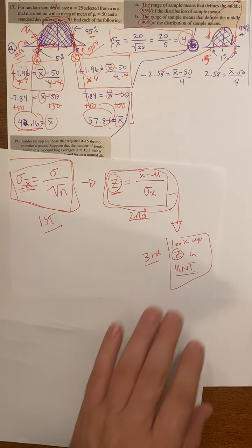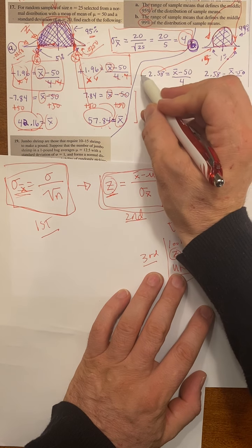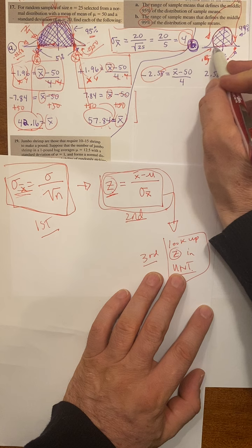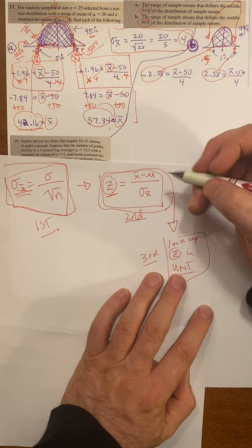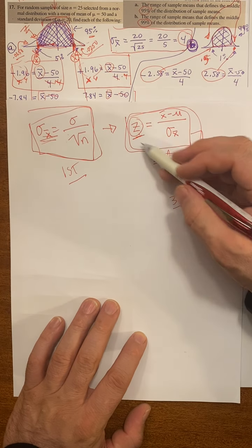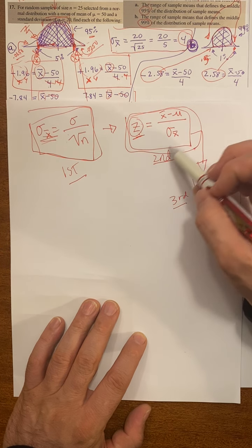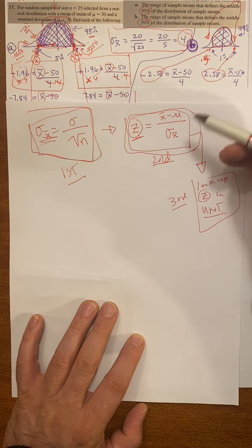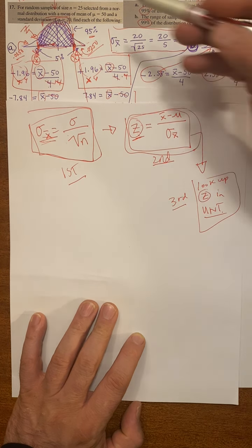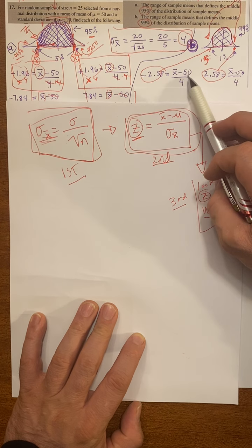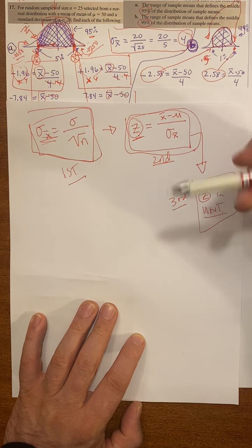Okay, so we have just figured out what our z value is on this part and our z value on this part. Right, so again, right now we're looking for this z equation. We also already know that our population mean is 50, right? So we can put that 50 into each of those two equations.